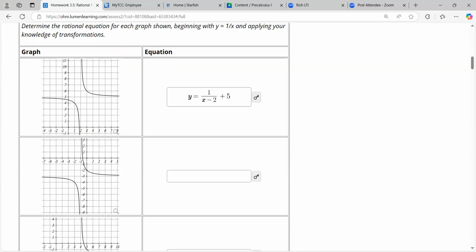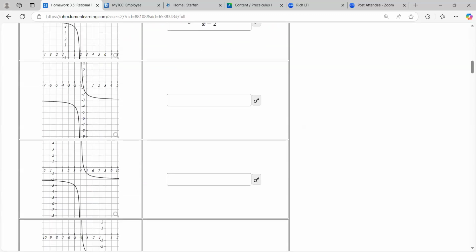All right. So the next question, next graph, the location of the 2 branches is top right and bottom left. Let's see what's the center. The center is right here. It is -1, -3. So that means we have to move the mother function to the left 1 unit and down 3 units.